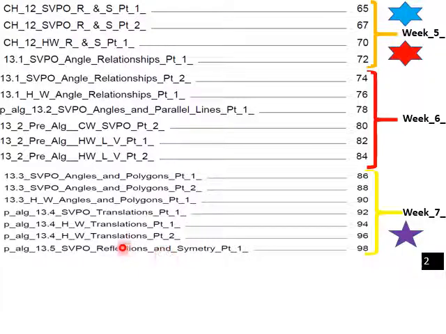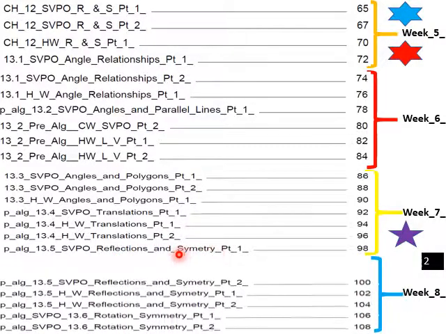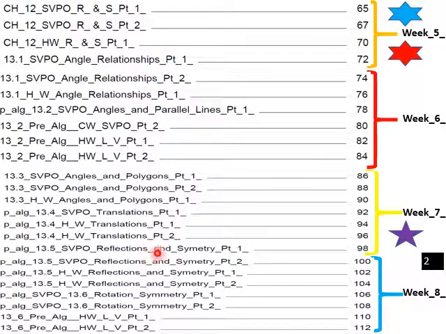We reflect across axes, and then symmetrical geometric figures, all this done within a coordinate plane. So this is like a look-see into coordinate geometry. And then week 8, we get into reflections.